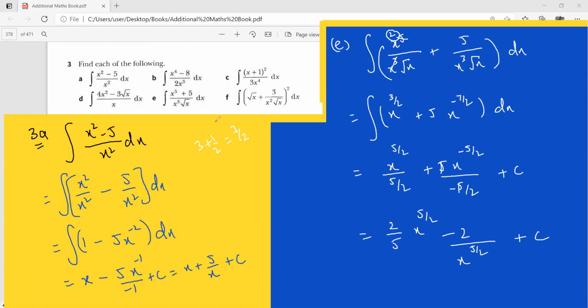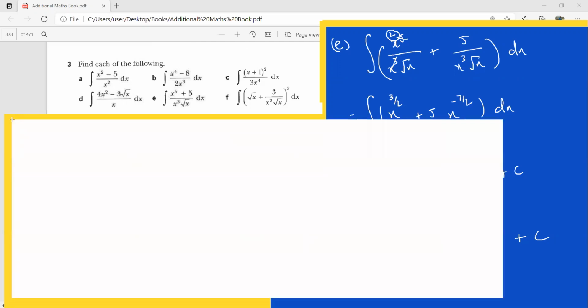Okay, kids, now just one more part. I just have 2 minutes to complete this, just to tell you how to do that F part. In this F part, this is root x plus 3 over x raised to power, let me write this as 2.5 or 5 over 2.